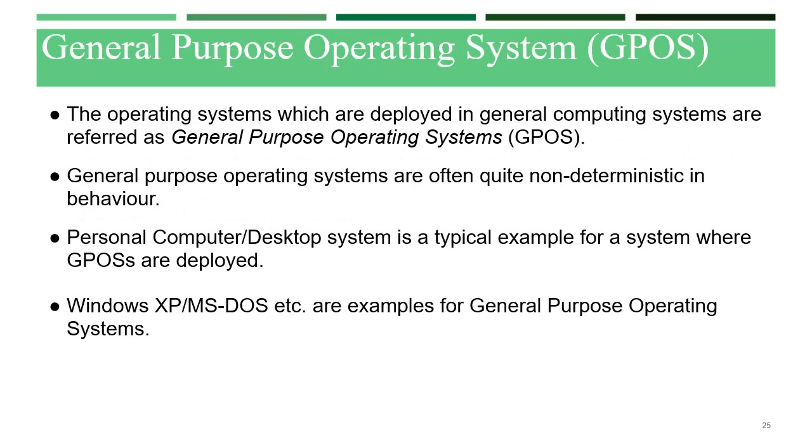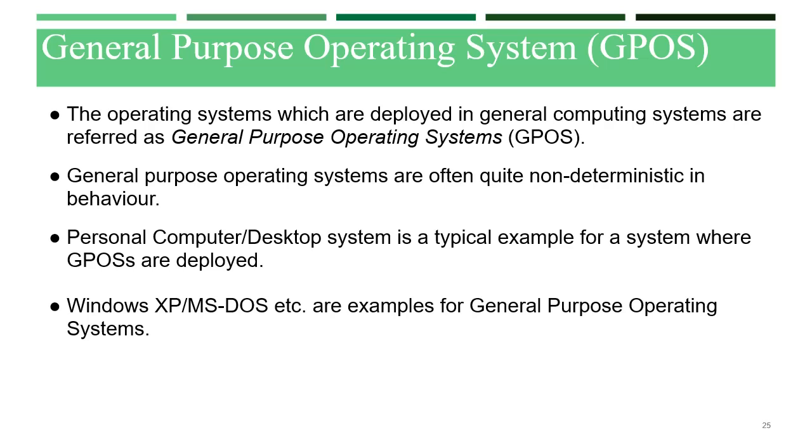General purpose operating system, GPOS. The operating systems which are deployed in general computing systems are referred to as general purpose operating systems, GPOS. The kernel of such an OS is more generalized and it contains all kinds of services required for executing general applications.